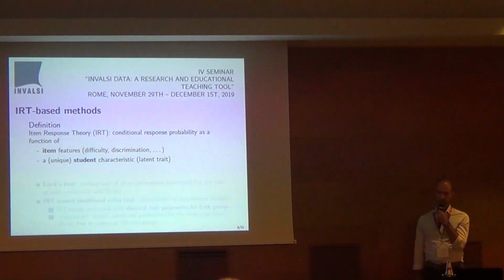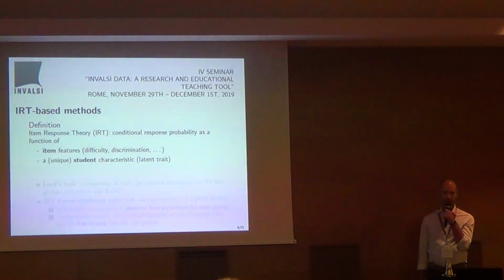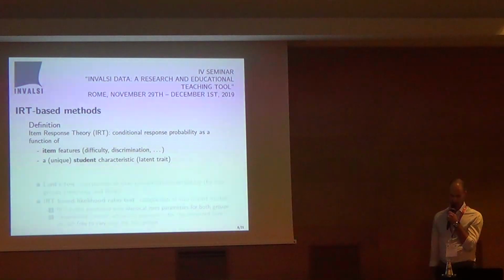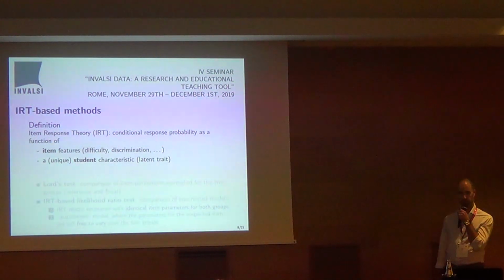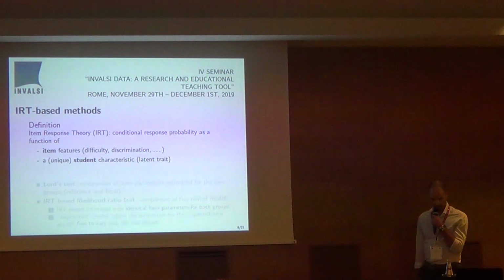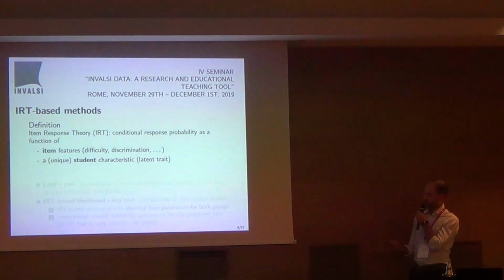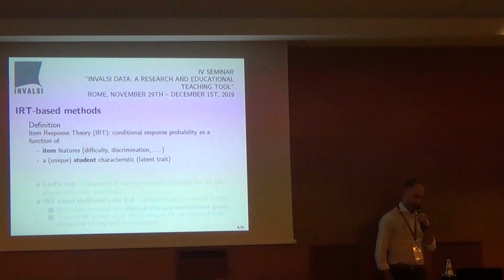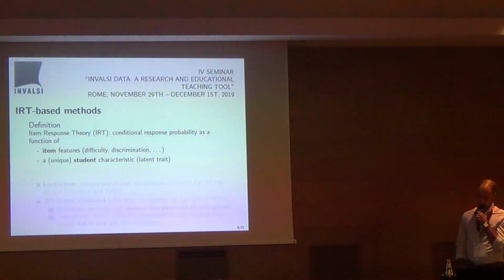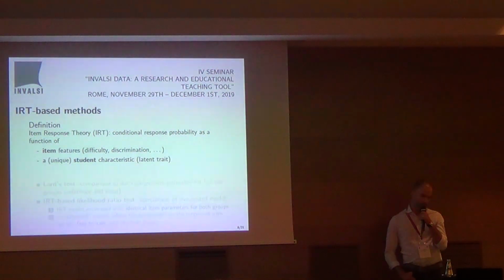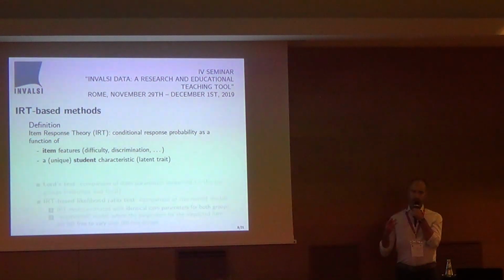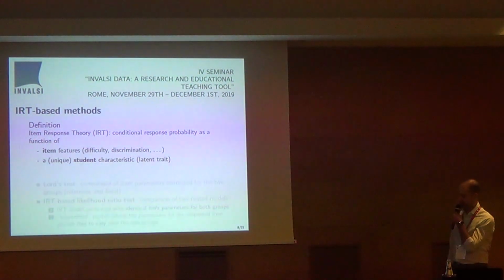The IRT-based methods are, of course, based on the item response theory framework, in which the conditional response probability is modeled as a function of item features such as difficulty and discrimination, and also as a function of student characteristics. I used unique within parentheses because the characteristic of a student can be unique, that is, the ability can be a unidimensional concept, or can be a multidimensional construct, so we have several sub-abilities potentially related to each other.